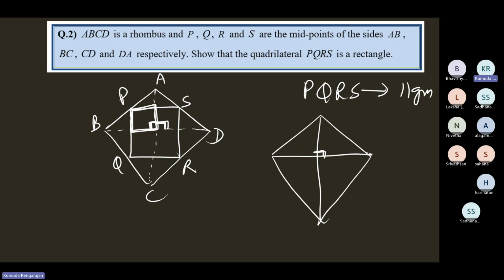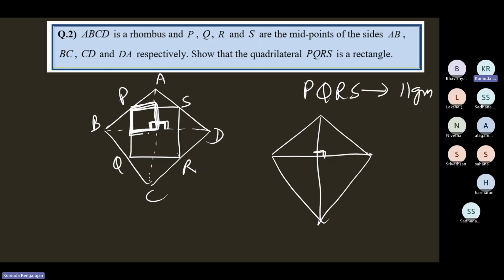Now, if you prove that this one is a parallelogram, in a parallelogram opposite sides are parallel, opposite sides are equal, opposite angles are equal.